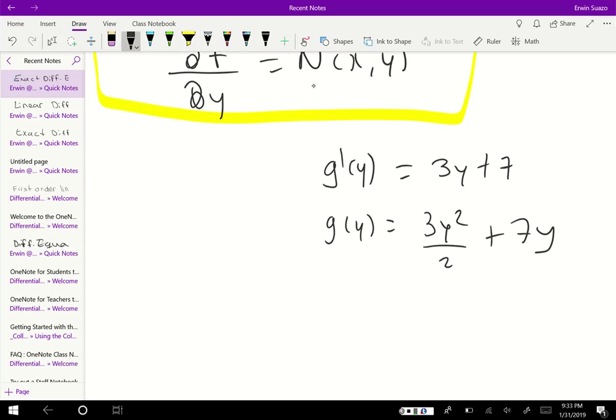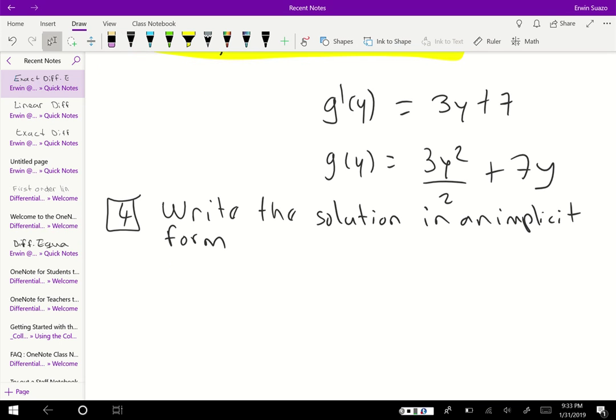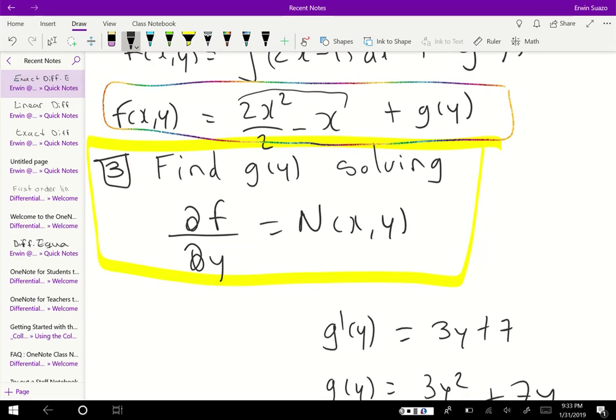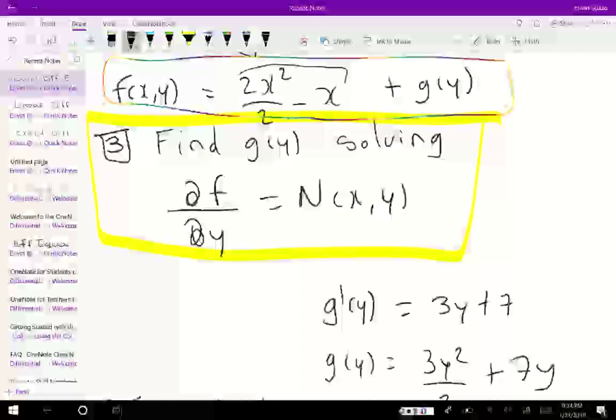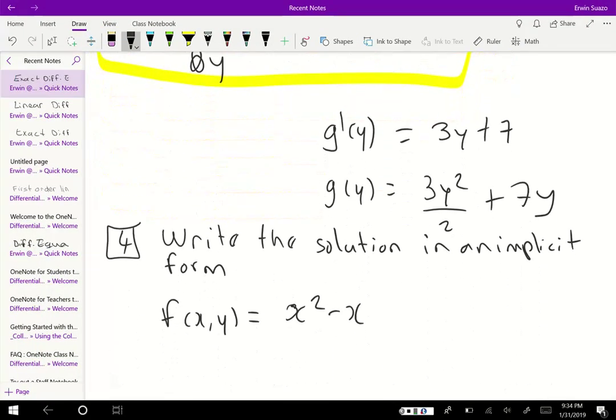Therefore, my last step is to write the solution in an implicit form. The implicit form is f of x,y equals x squared minus x plus g of y. g of y is 3y squared divided by 2 plus 7y.